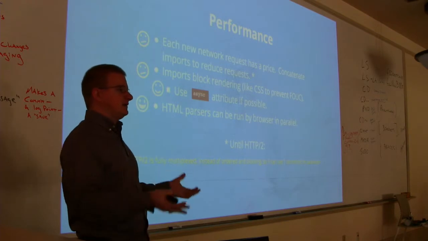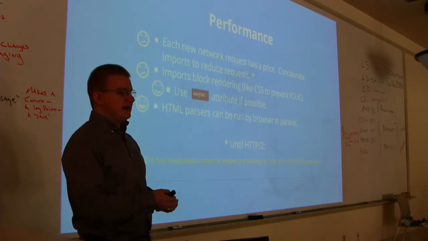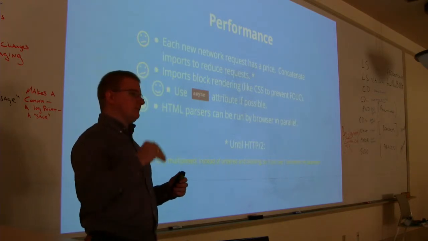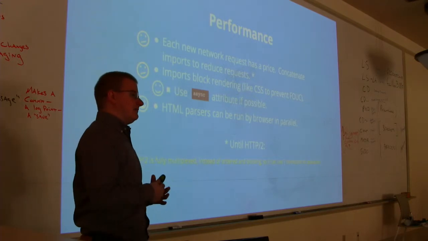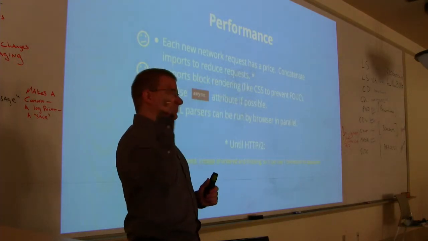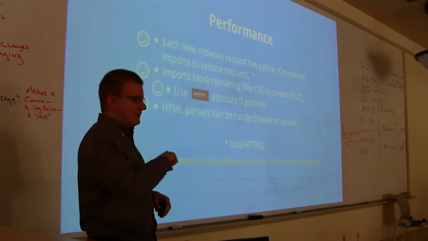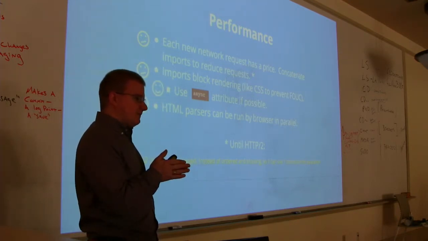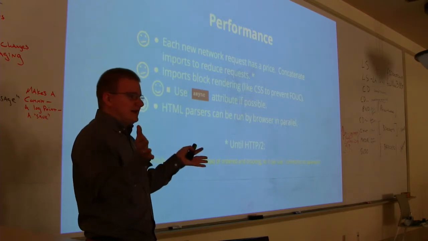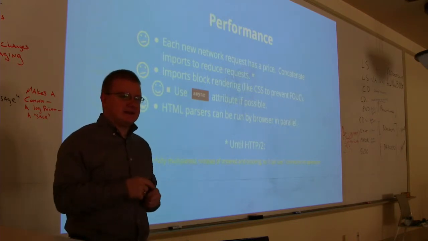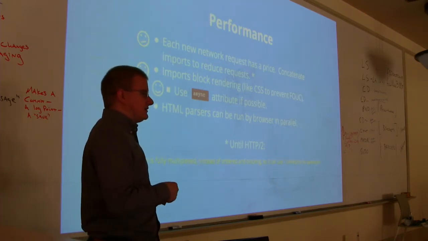What that means in practical terms is that if I make multiple script requests, right now that's bad because I have to do a round trip to the server for each one of them. With HTTP 2, we'll have one connection, but we can make parallel requests over that same connection, so you're not going to do as many round trips.